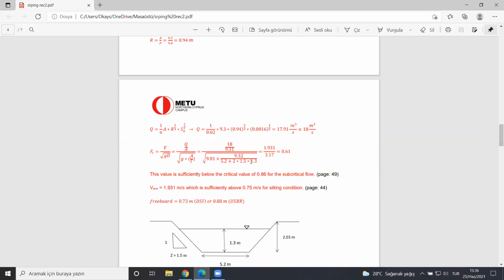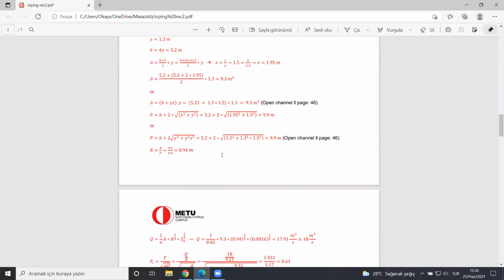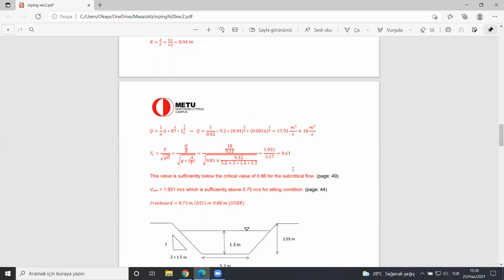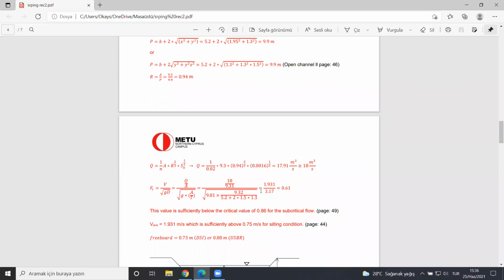And what is T? We calculated it here. It is B plus 2X. So basically B plus, this is how you calculate, 2 times X. From here, the Froude number is 1.931 divided by 3.17, and this corresponds to 0.61.